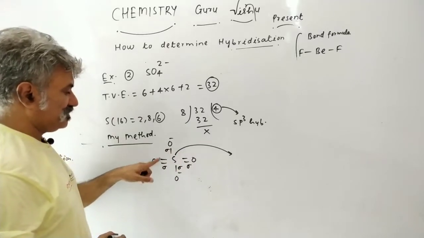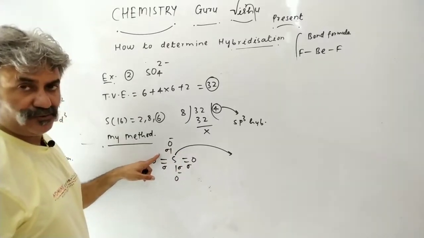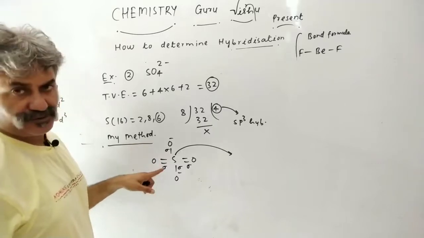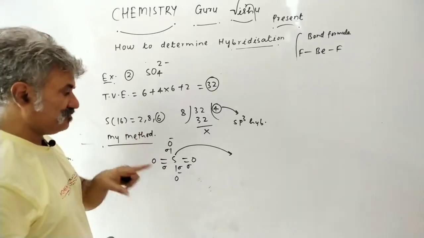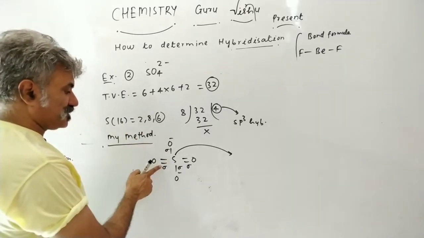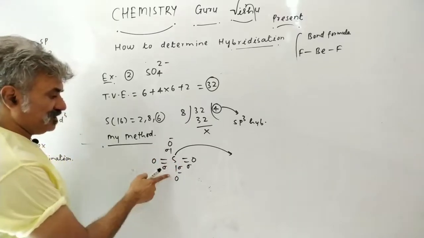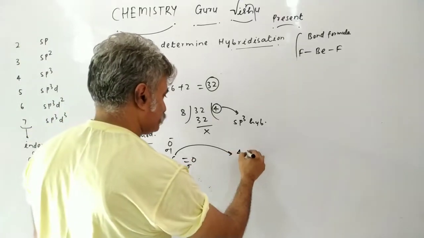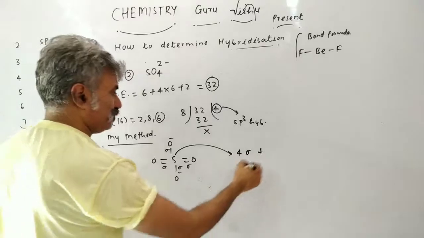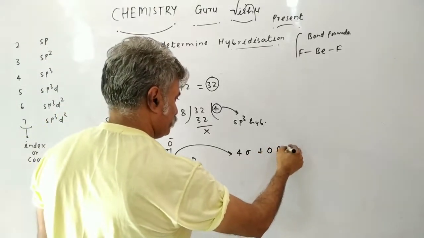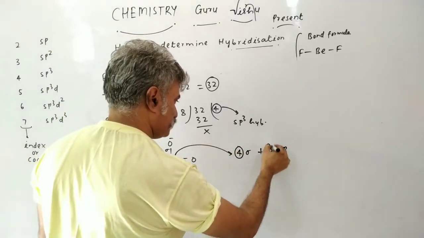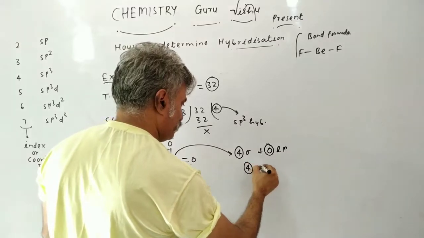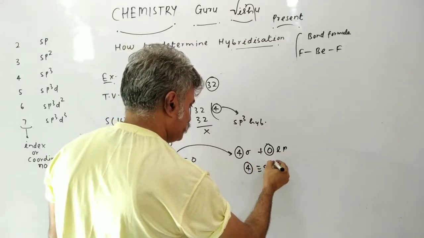A double bond means 1 sigma and 1 pi, and we need not count pi bonds. We have to count only sigma bonds. So this sulfur has total 1, 2, 3 and 4 sigma bonds and no lone pair, 0 lone pair. So the total of this 4 and 0 equals 4. So hybridization is sp3.